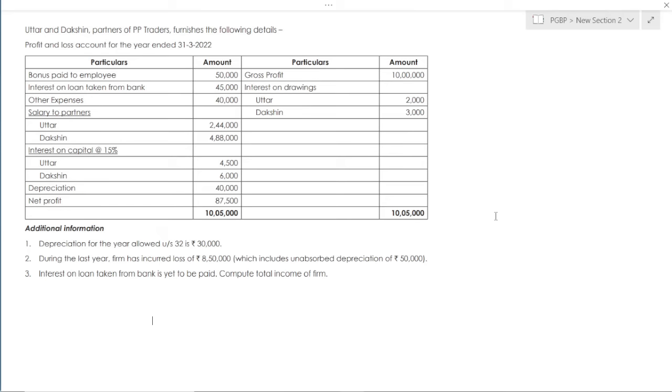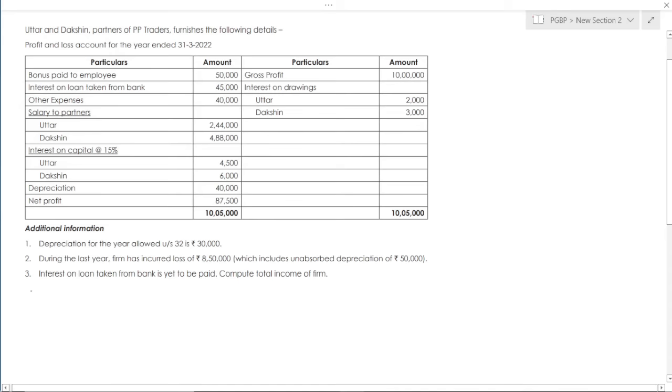But these two are very big things. Because book profit is a big one, remuneration is a big one, and unabsorbed depreciation also plays a very important role. So to treat all these things properly, let us first do these three things first. Okay. So let's write down the solution. One after the other I will discuss.